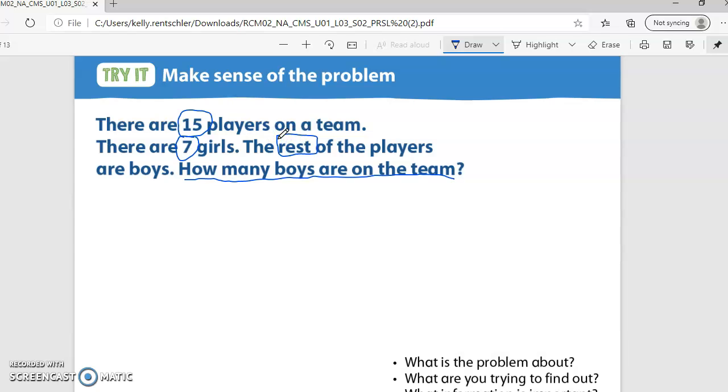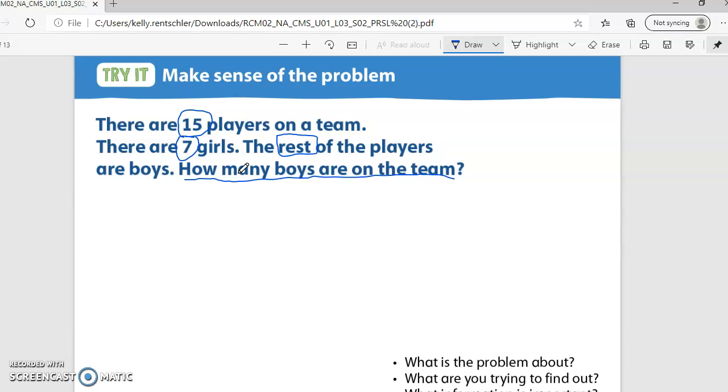Okay. So let's think of a way that we could solve this. We are subtracting, so you can use any of the methods that we have talked about for subtraction.